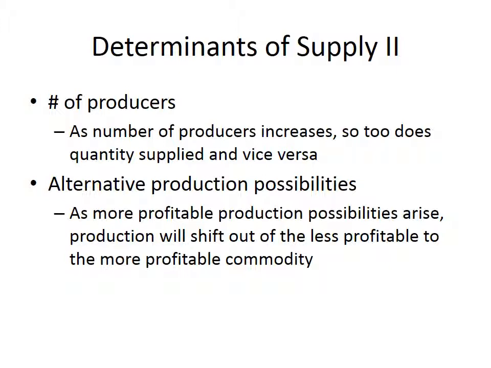Fish sandwiches aren't the only thing that I'm going to produce. I'm going to produce other things in my kitchen. Now, let's suppose that for whatever reason, my customers prefer hamburgers, meaning that I'm going to make more money off it. Well, because of that, I'm going to shift my supply out of fish sandwiches and into hamburgers.